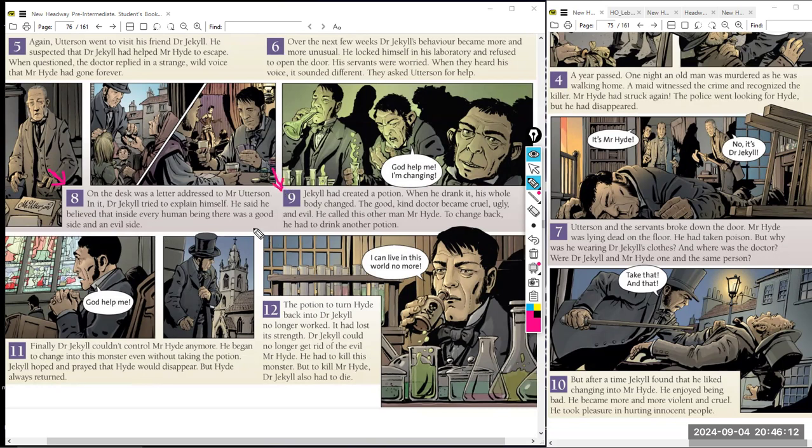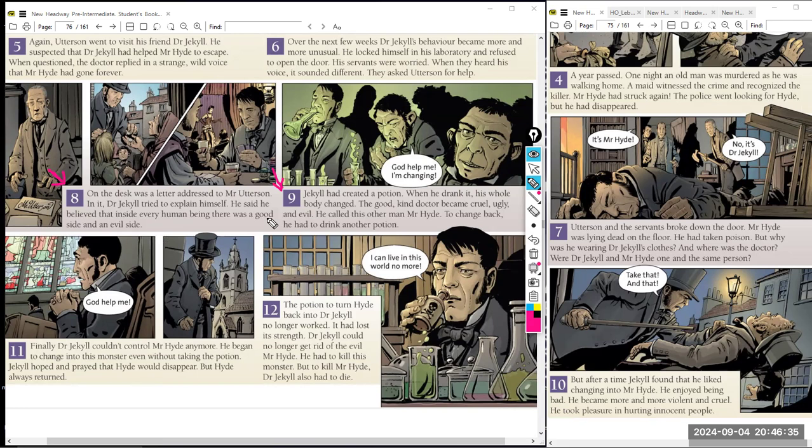Jekyll had created a potion. When he drank it, his whole body changed. "God help me! I'm changing." The good, kind doctor became cruel, ugly, and evil.